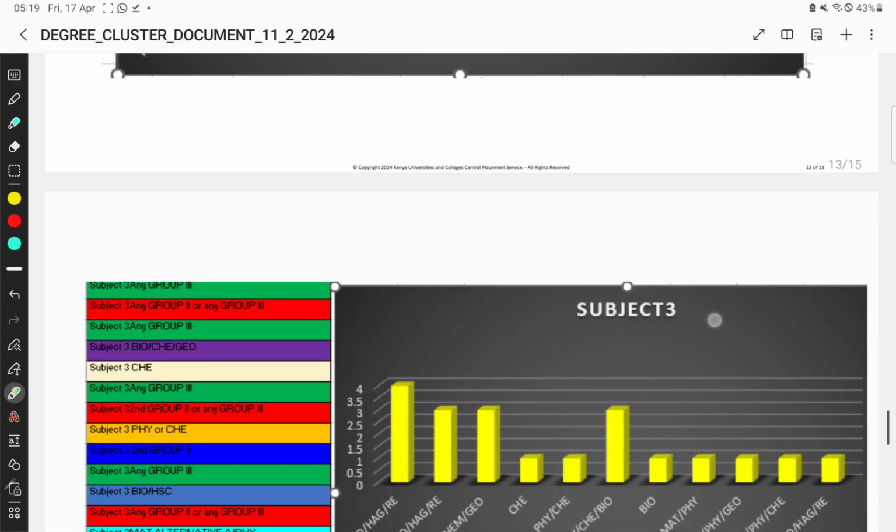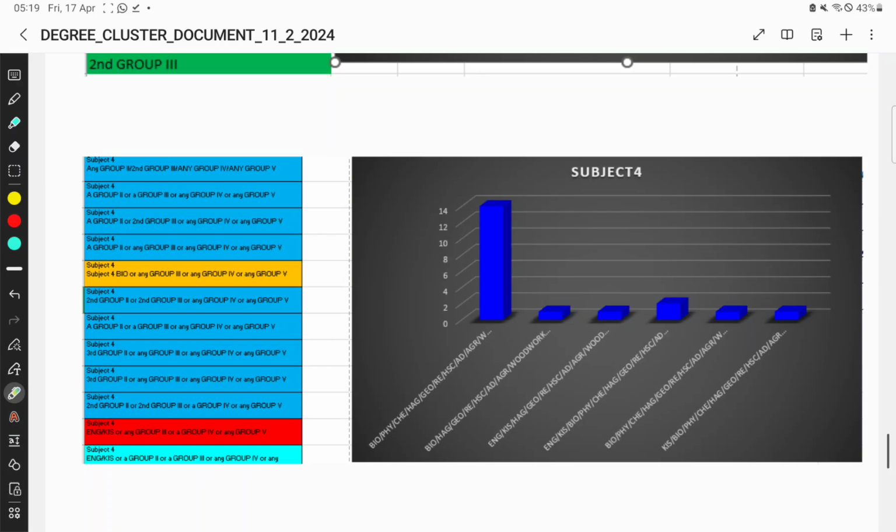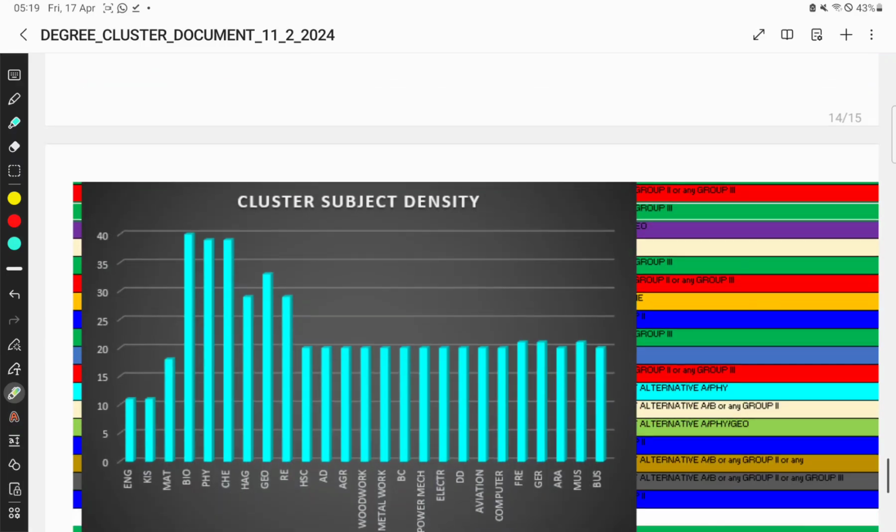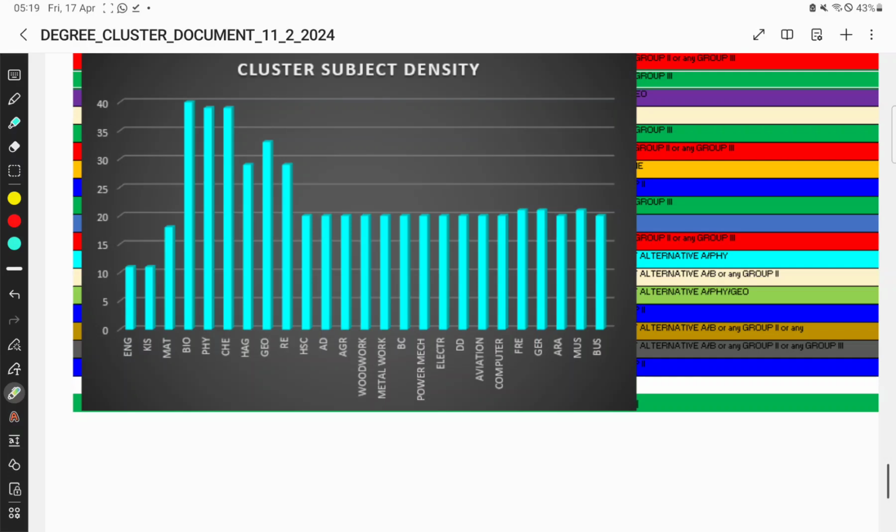When you combine all these and we look at what we call the subject cluster density, to what degree is a given subject being mentioned across all the clusters, you discover that biology takes the lead with a cluster subject density of about 40. This is biology, takes the lead. Then followed by physics and chemistry, followed by geography, followed by religious education and history and government, then the rest of the subjects.